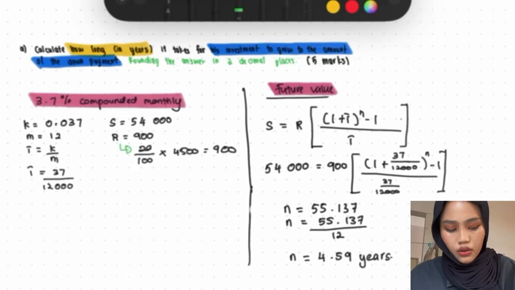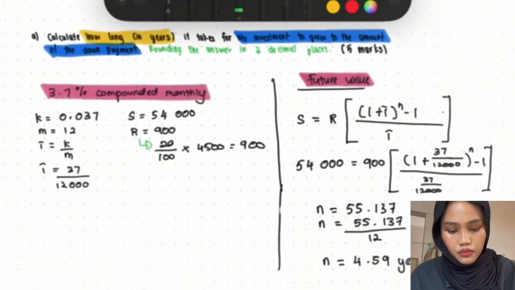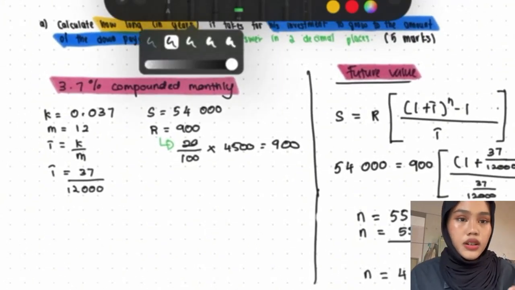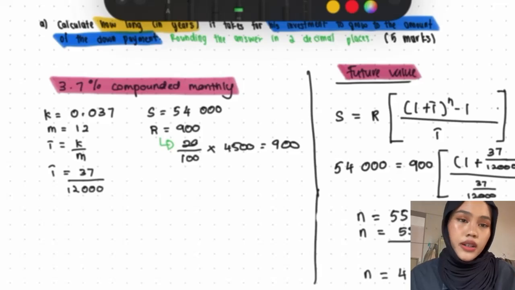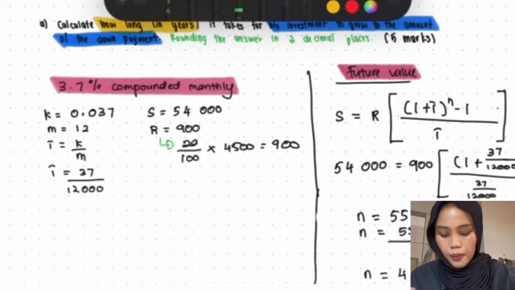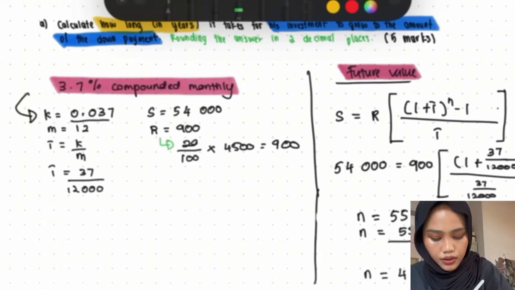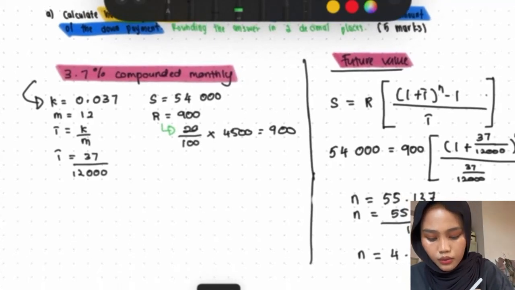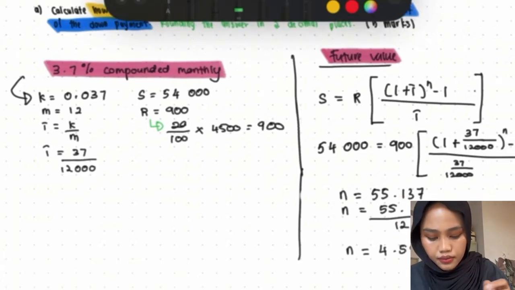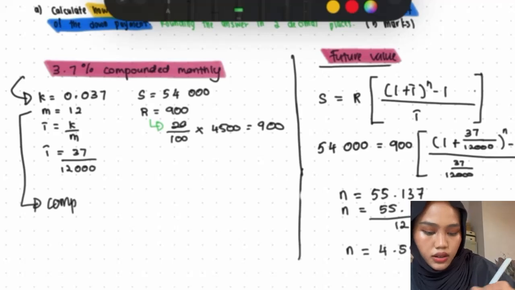As we all know, the bank that he went to offered him 3.7% compounded monthly for his investment. So here 3.7, we change it into the decimal point, it becomes 0.037. So the M is 12 because it was compounded monthly.